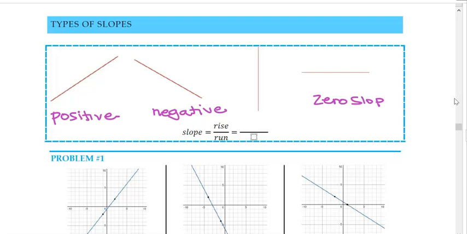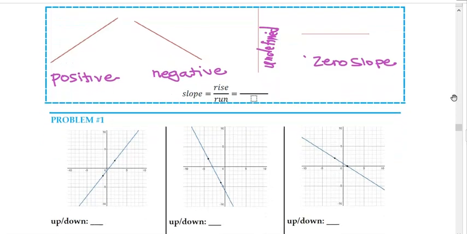So the slope is 0. But if it's straight up and down like this, then this is undefined slope. Let's see if I can write it along the side here. Undefined. Keeping those two straight in your mind is going to be really helpful.